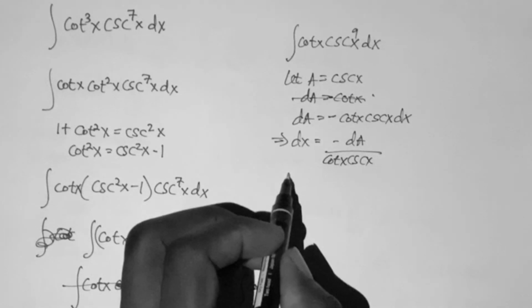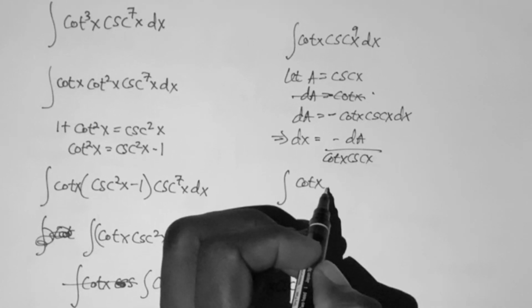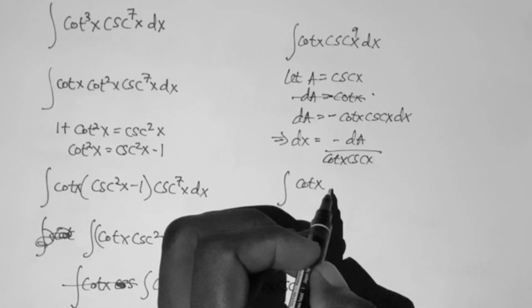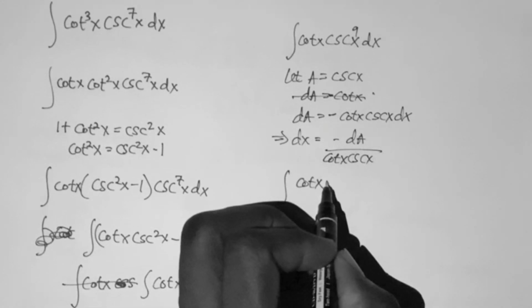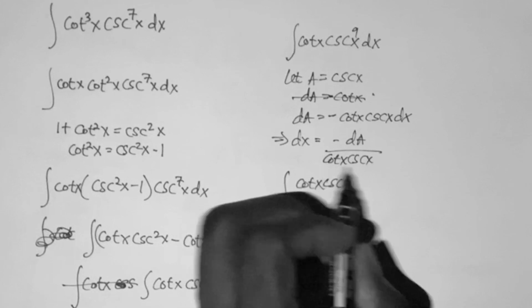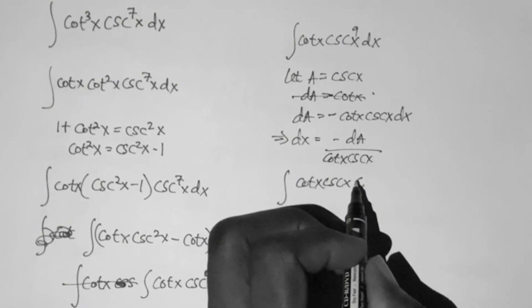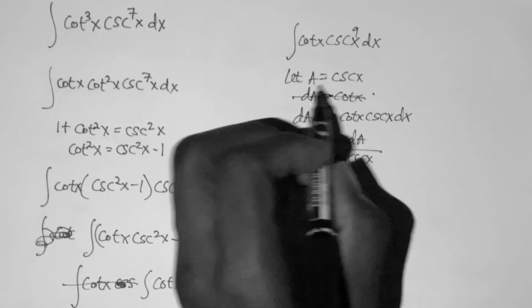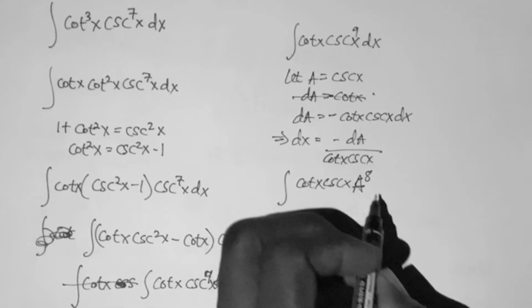So this integral becomes the integral of cot x. Now what I'll do is pull out one cosec x because of this denominator. Then the cosec is now left with exponent 8. However, cosec x is a, so it becomes a exponent 8.